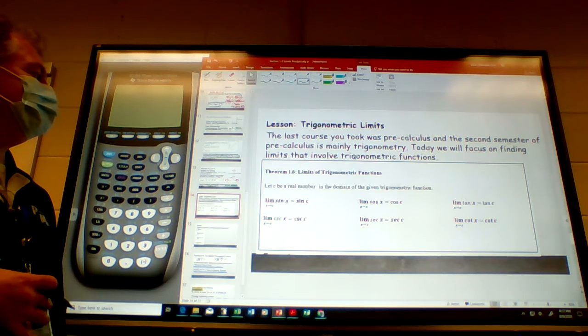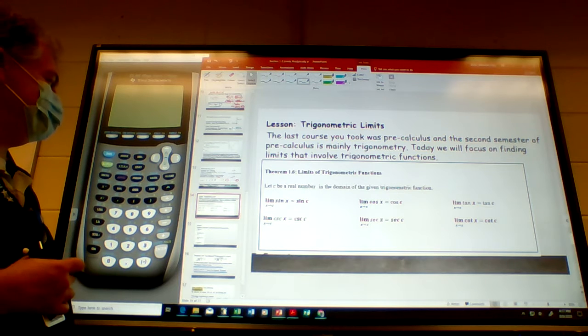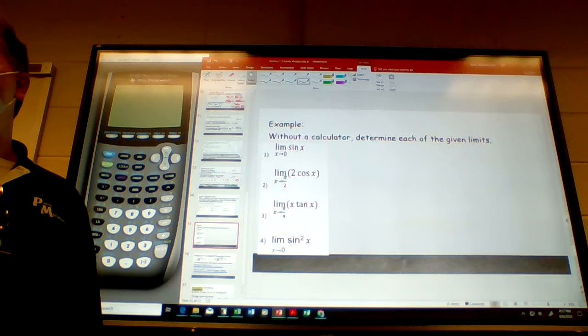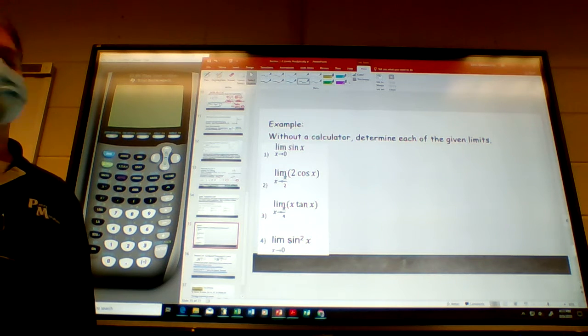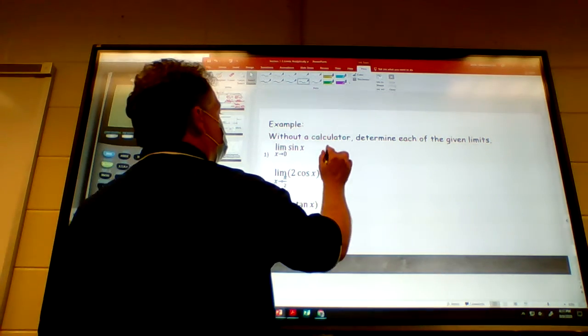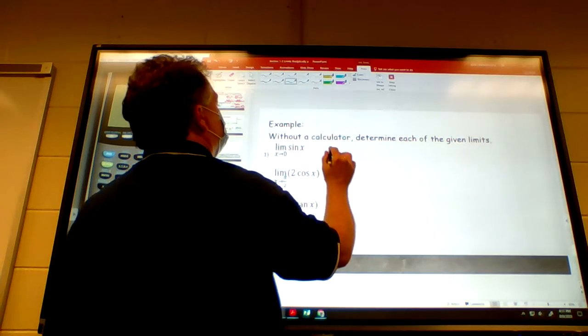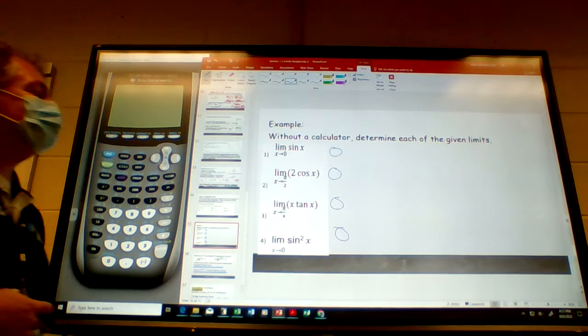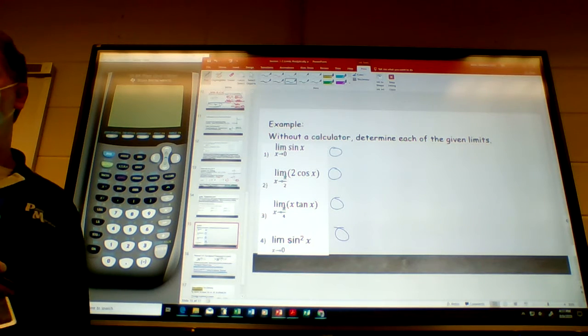Same thing with tangent, cosecant, secant, and cotangent. Now, without a calculator, determine all these limits. I'm going to tell you right now, they're 0, 0, 0, 0, 0, and 0. You can plug it in on your calculator, and it's still going to be 0.